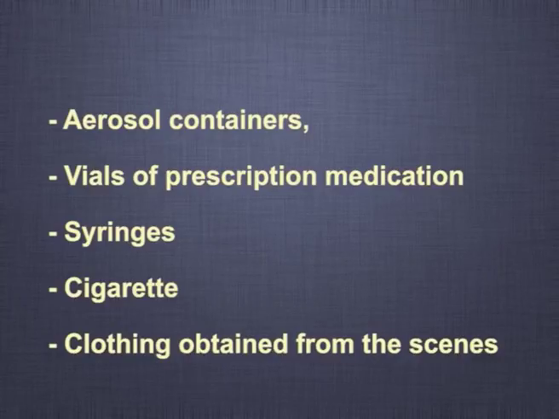Household and personal samples. So what are these? Household and personal samples and their importance in forensic science. Occasionally, in some cases, analysis of household and personal samples like chemicals, aerosol containers, vials, prescriptions, medications, syringes, cigarettes, and clothing obtained from the scene of crime is related to cases of homicides, suicide, automobile accidents, or other incidents.